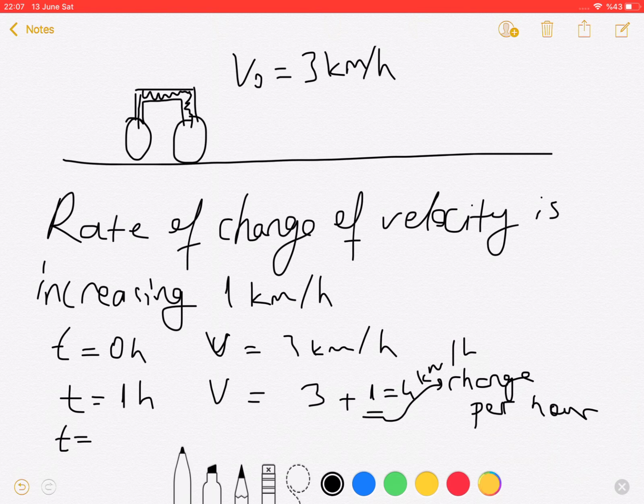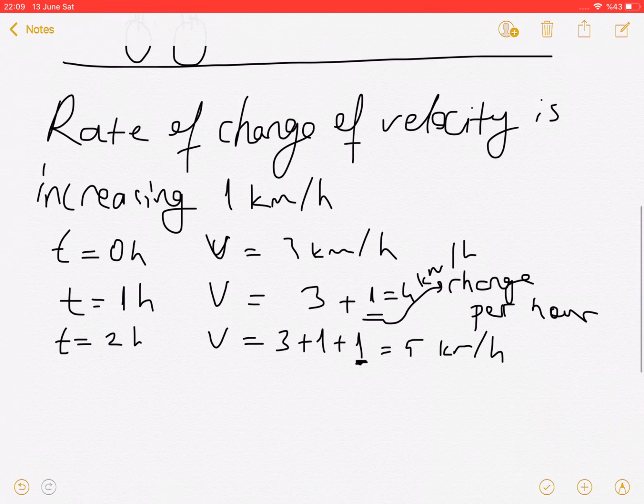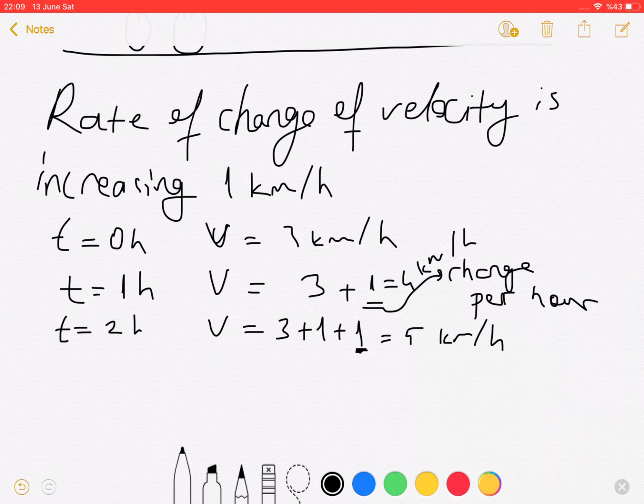At t equal to 2, V equal to 3 plus 1 plus 1. This is the new rate of change, 5 kilometers per hour. As you can see, there is a really good pattern. There's a distance of 1 between each consistent hour.